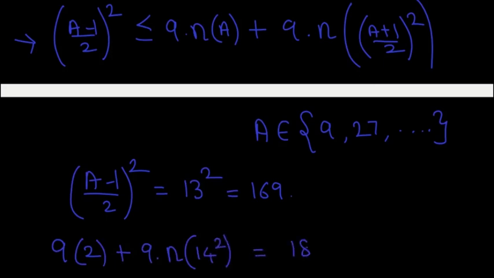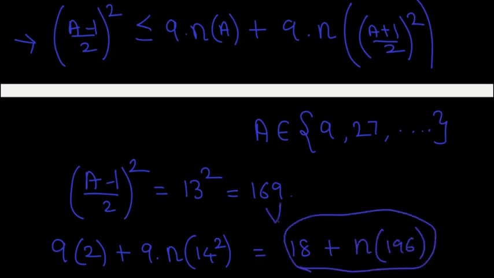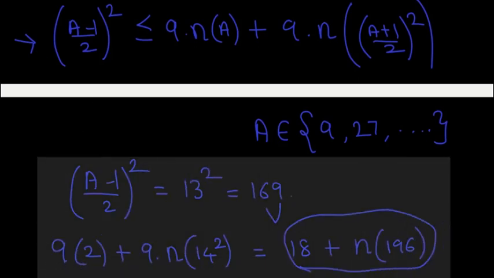So this is 18 plus n of 14 squared. What is 14 squared? 14 into 14, 4 fours are 16, 56, 196. So we have n of 196. Obviously this quantity is less than 169. So we have 18 plus 1 plus 9 plus 6, which is 16, 18 plus 16. So this is obviously less than 169. So for a equal to 27 itself, this inequality fails.